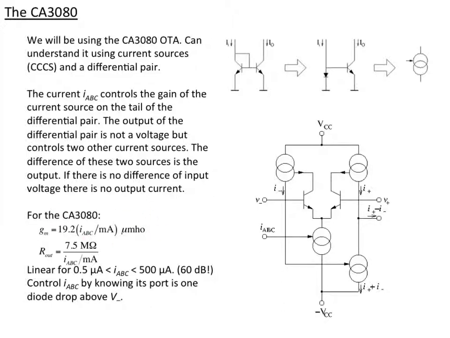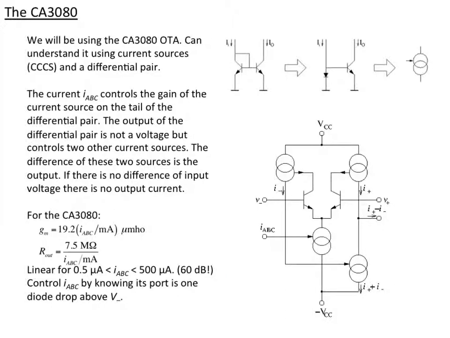It's a conductance, and that's why we measure it in mho. The output resistance, you see, is 7.5 mega ohms divided by IABC, again measured in milliamps. So the output is linear for currents from half a microamp to half a milliamp. That's over 60 decibels, so it's a big linear range.